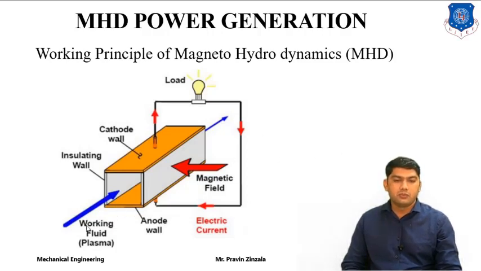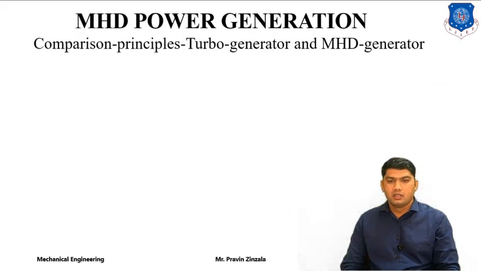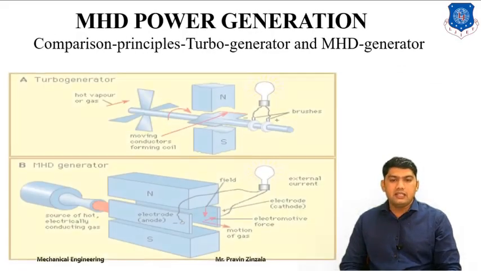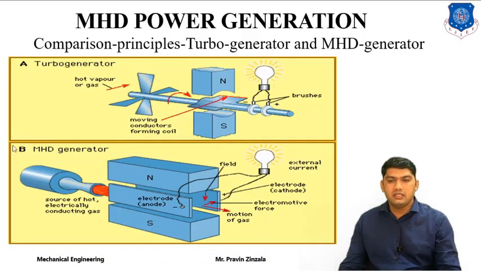There are different fluids used as working fluid in MHD power generation. Next is the comparison between the conventional turbine and the MHD generator. Means comparison between the conventional turbo generator and the MHD generator. The first diagram is the turbo generator.